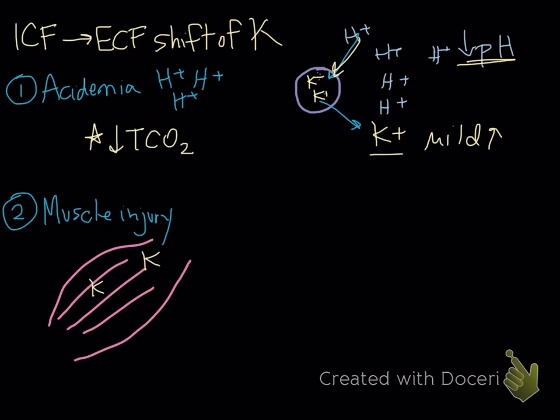So there's lots of potassium in muscles. And there's also a lot of phosphorus in muscles, because it's a part of ATP. And so when you have muscle injury through a variety of things, so maybe exertional rhabdomyolysis, capsular rhabdomyolysis, heat stroke, lots of things can cause muscle injury.